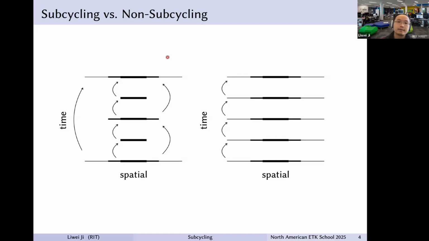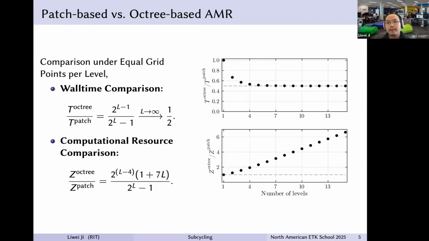So here I brought the comparison between these two methods again. This is the wall time comparison between the octree and the patches. As you can see, if they all have only one level of refinement, then they will be the same.